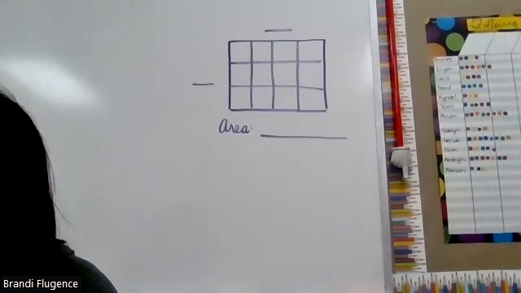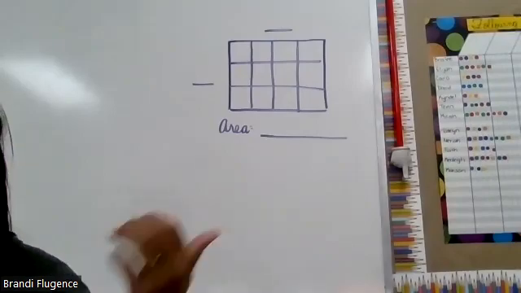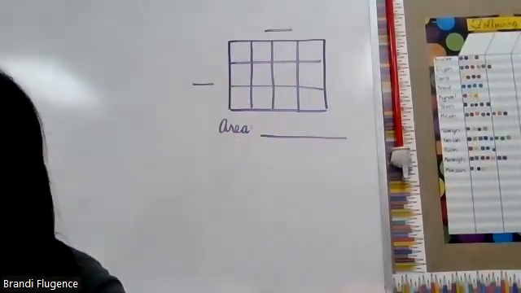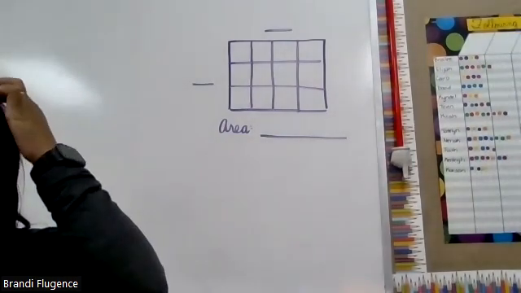Try again. Is it more or less? It's more. So count by 5s and put 6 fingers up and count by 5s with each finger. And that'll give you the answer. 30. 5 times 6 is 30.